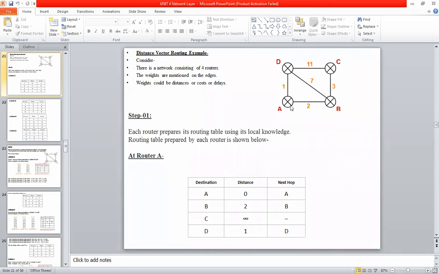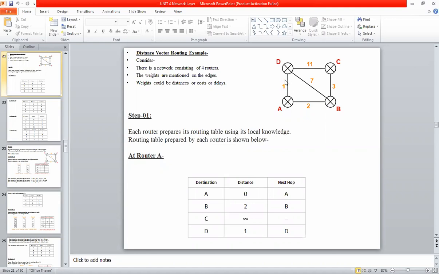For updating the table, you have to write 3 columns: one is destination, one is distance, and one is next hop. The destination is whichever router you are considering. With the connectivity, from A to B and A to D the direct connection is there.